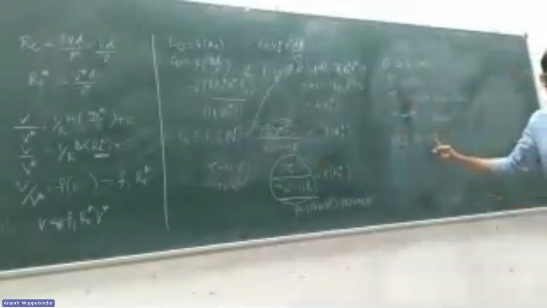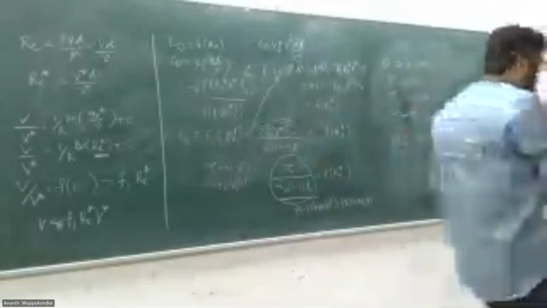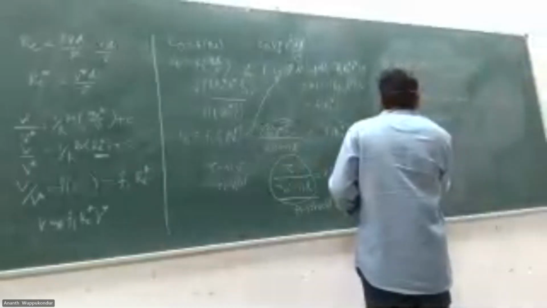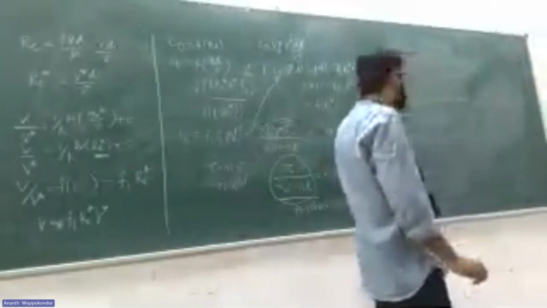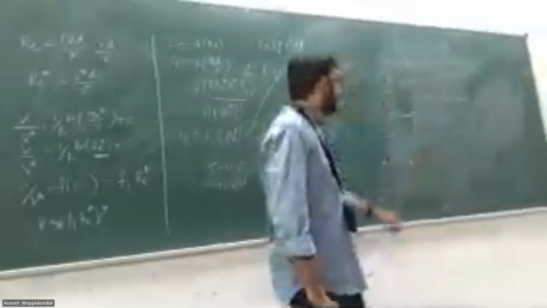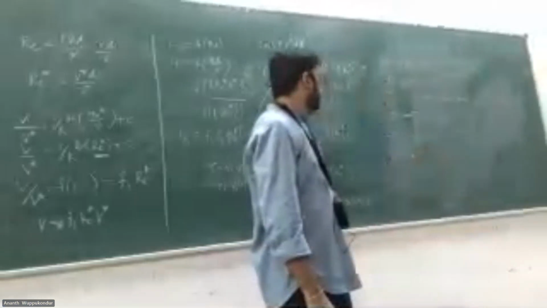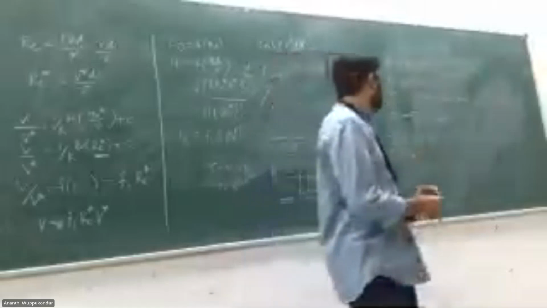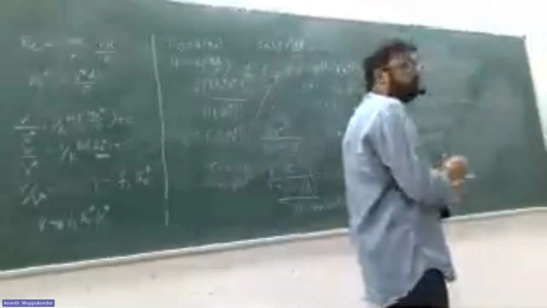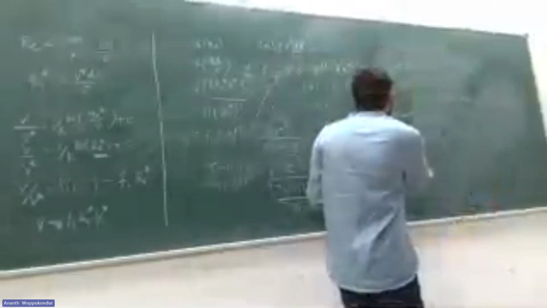So that gamma R S should be, so this theta should be less than or equal to 0.056. So gamma is unit weight of water.